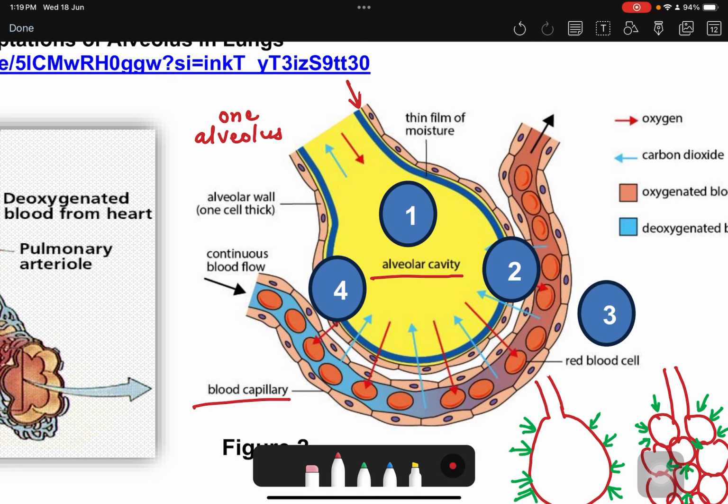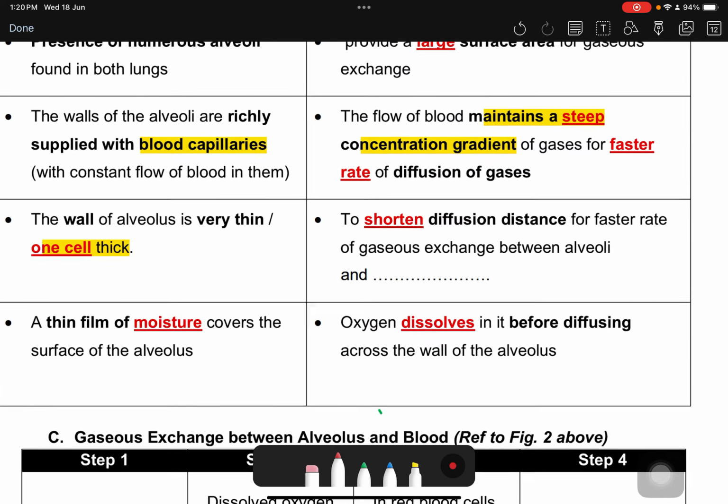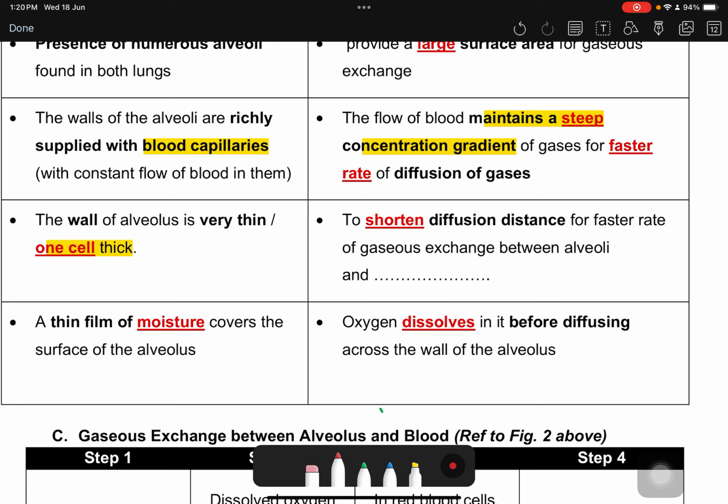I'll show a little video later on for you to appreciate the exchange. So what is the purpose of having such a thin wall? It is to shorten the diffusion distance for a faster rate of exchange of gas between the alveoli as well as the blood capillary.